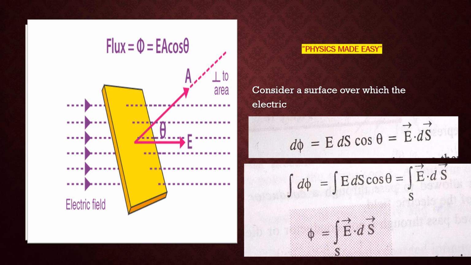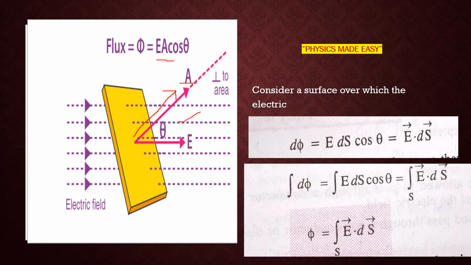Here we can see that the surface has the area capital A and its area vector is always perpendicular to its plane. This arrow represents the direction of the area vector, and theta is the angle between the electric field and the area vector of the surface element. Then we can say that the electric flux through the surface element is given by EA cos theta.